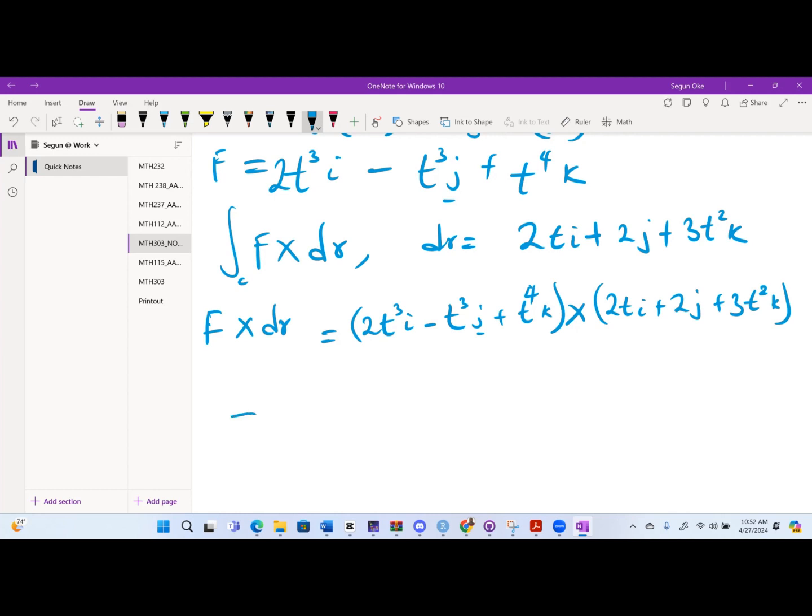So at the end of the day, we have cross, i, j, k. Which one comes first? F. So let's extract those values. I will be under i: 2t cubed. J will be minus, don't forget, minus t cubed, and t raised to power 4.